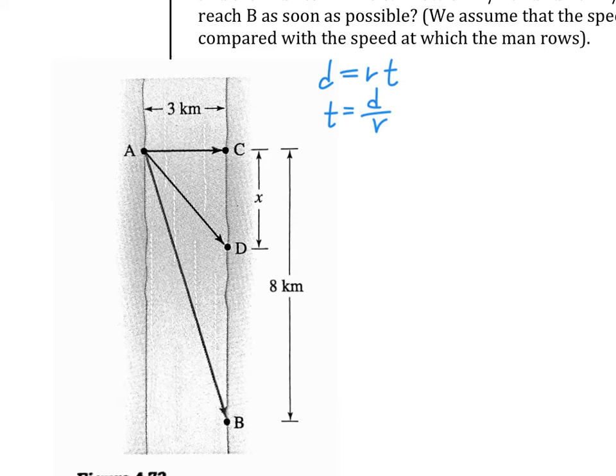All right, so let's think of a very universal way to map out our distance. No matter what he does, he will have to row first, and then he will have to run. So we need to figure out how to talk about this distance. Let's call it z.